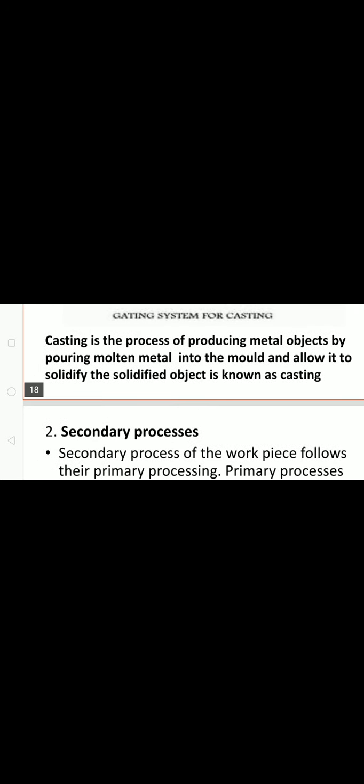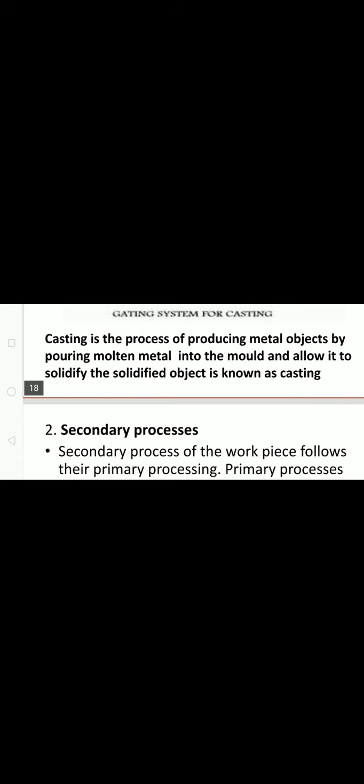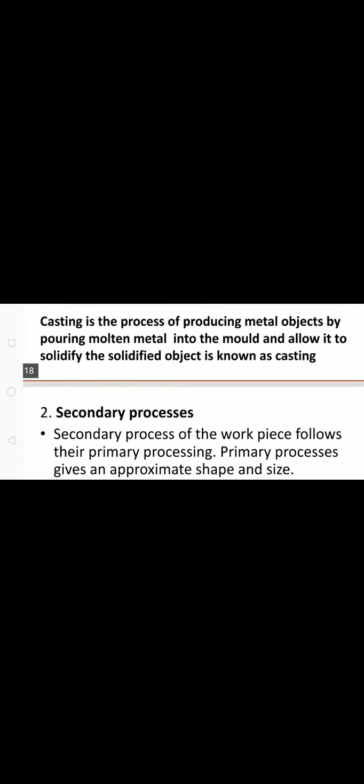After metal working come the secondary processes. As I said about the primary manufacturing process, the metal is directly available in ingot form or pig form, or sometimes molten metal can be directly used for production of raw material. In the primary process we have classified metalworking and metal casting, which are already discussed.